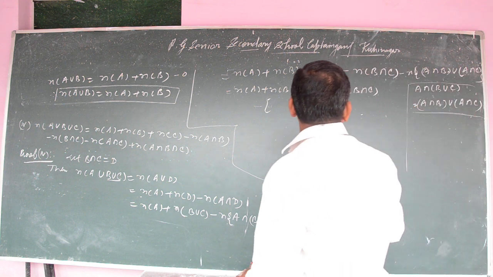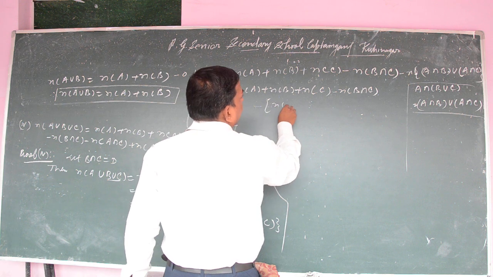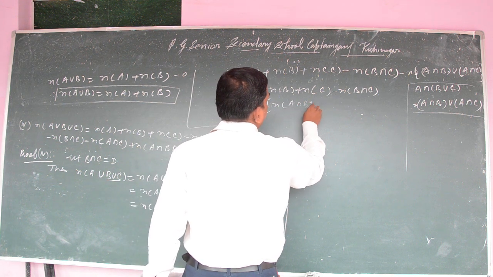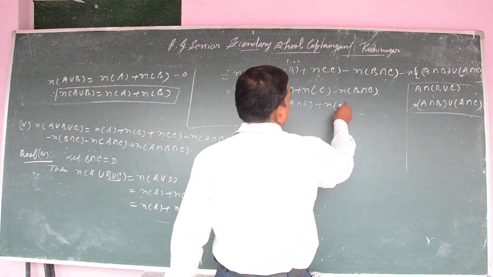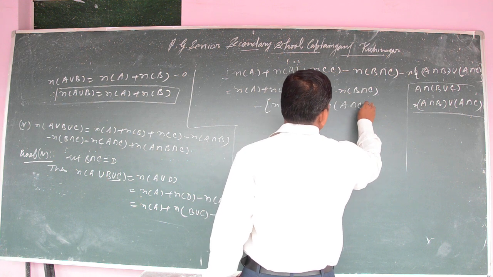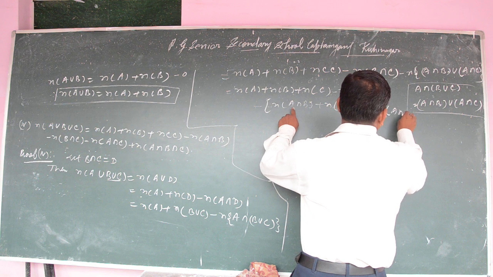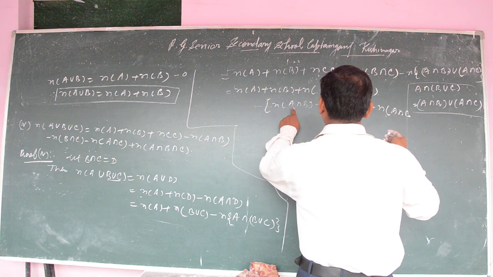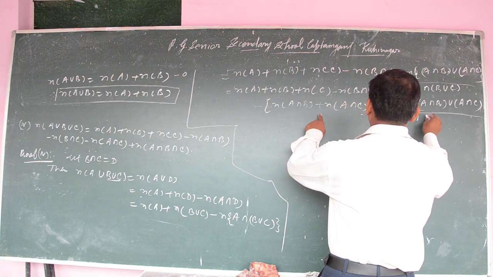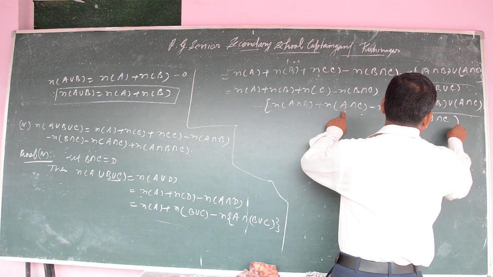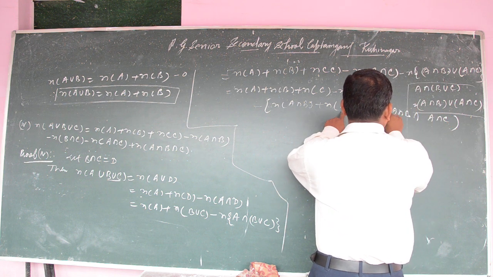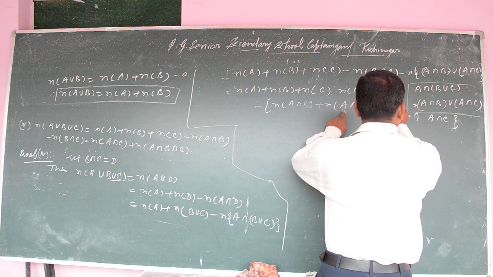Again you write it using the second formula: cardinal number of A intersection B plus cardinal number of A intersection C minus cardinal number of A intersection B intersection A intersection C. You write it like this in curly bracket and this in small bracket.